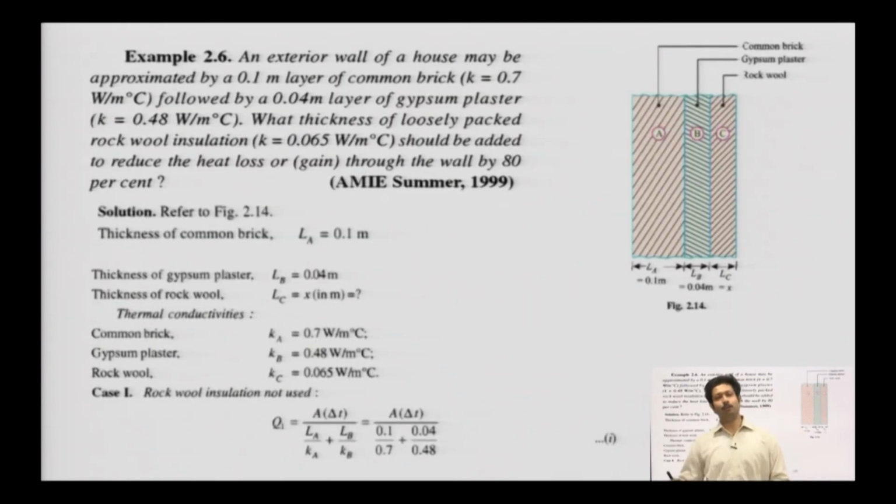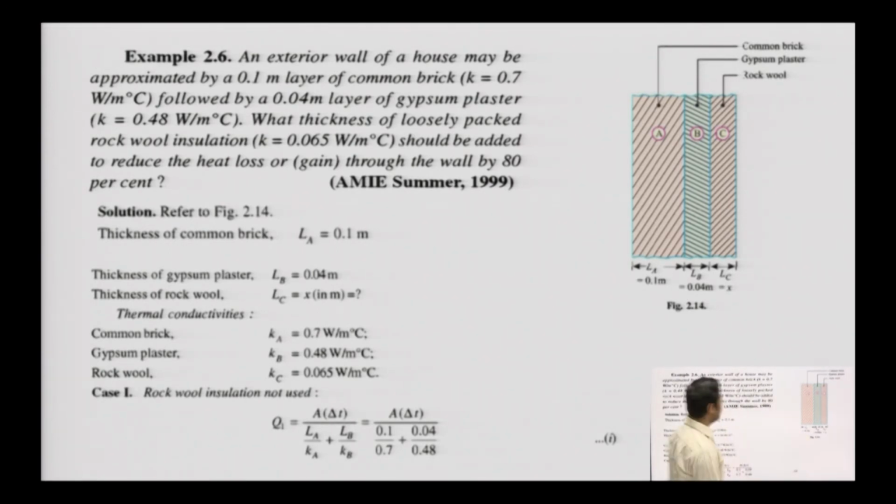Now we are into three layers of the composite wall. An exterior wall of a house may be approximated by a 0.1 meter layer of common brick, that is K equals 0.7 watts per meter degree Celsius, followed by a 0.04 layer of gypsum plaster, K is this. What thickness of loosely packed rock wool insulation, whose K value is already given, should be added to reduce the heat loss or gain through the wall by 80%, okay.